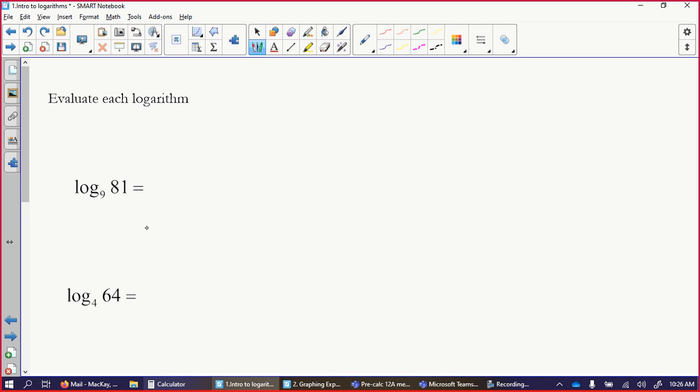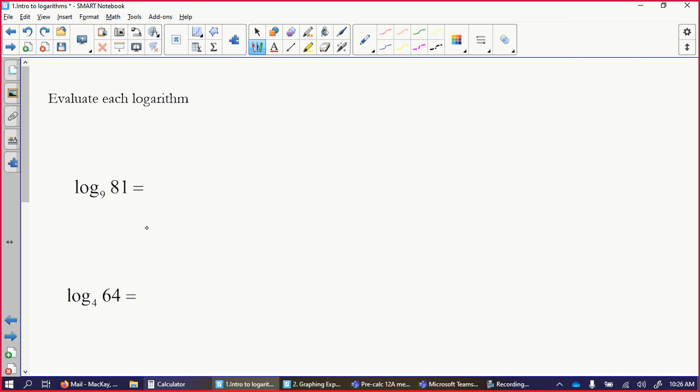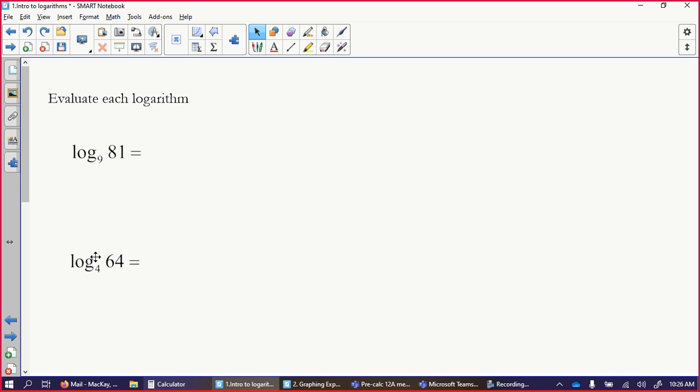All right, evaluate each logarithm, properties of logs, and then we'll look at this. If I ask you to evaluate a logarithm that's not base 10, we have to do some thinking. This is an exponent.